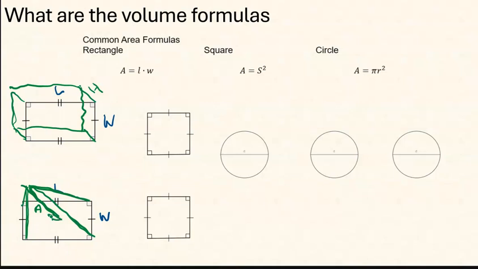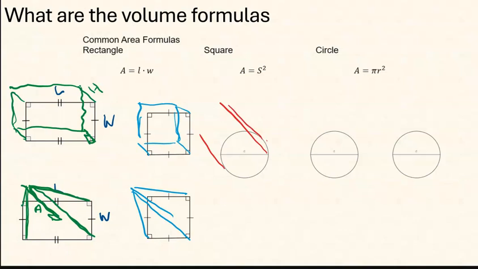These are all perpendicular. So just like the area, you need to have perpendicular sides in order to find the area or the volume, which is by definition how much space something displaces. And I could do this with any shape.